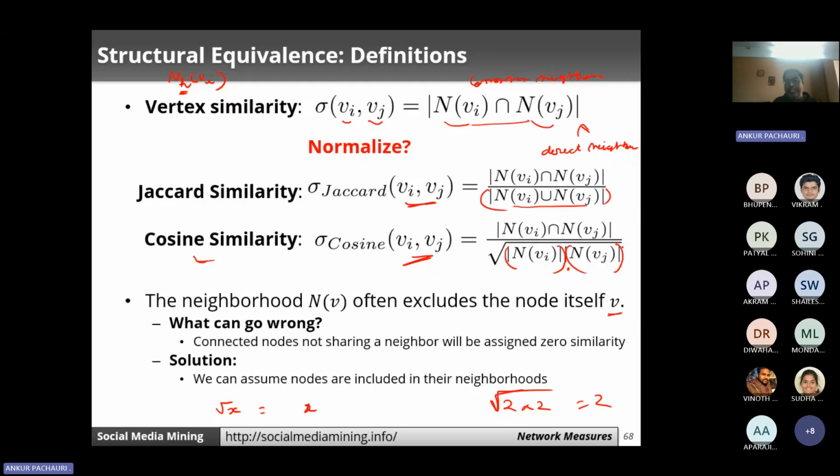That will be the normalizing factor. Somehow I have to normalize it. The basic criterion is to put the values in a range, so that it doesn't grow beyond the range.